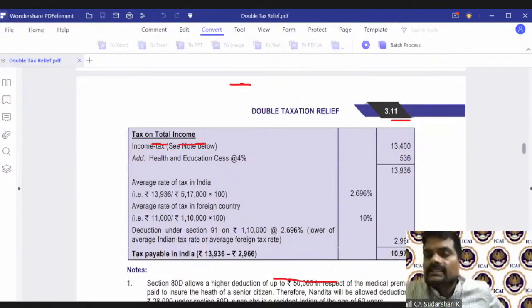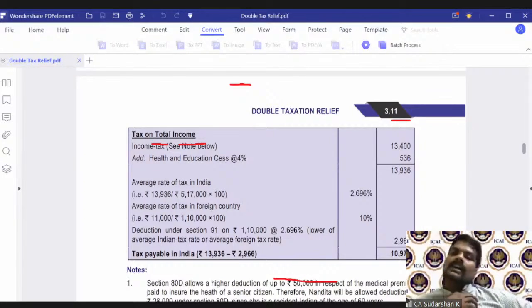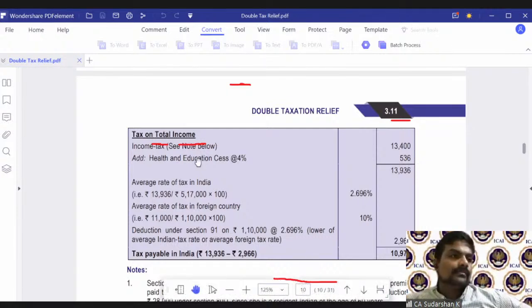But India says, no. We will not give you full tax credit. The foreign tax credit will be restricted to the average rate of tax that you have paid in India, the effective tax in India. To that extent, I will give you credit. So this is the small computational mechanism that you need to be aware of while claiming relief under Section 91.